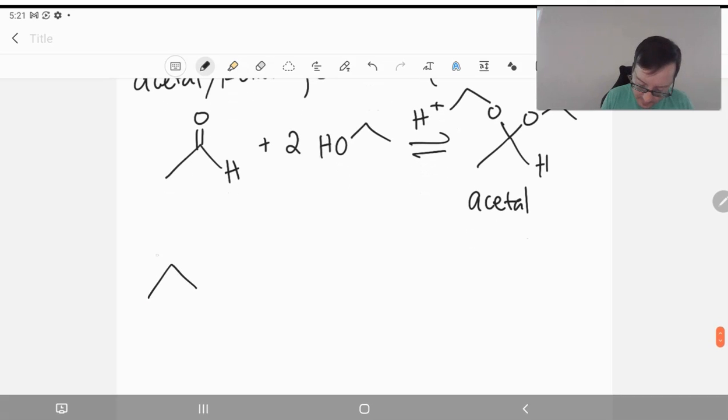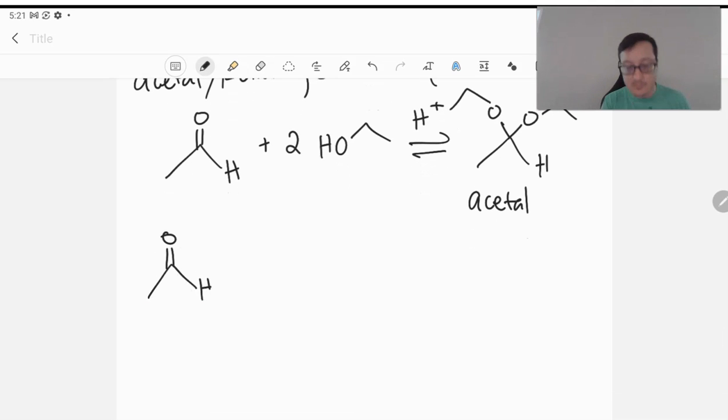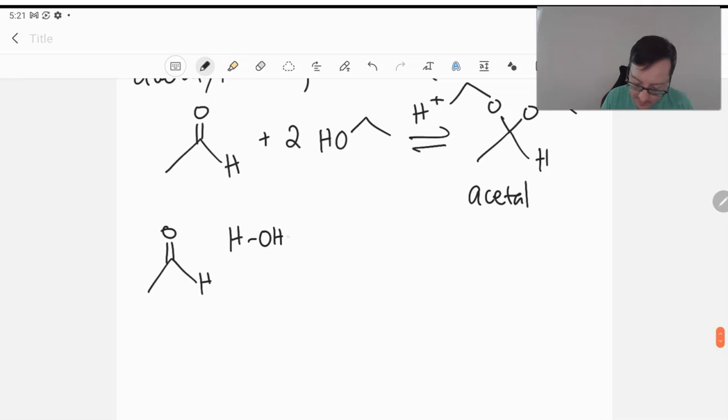Just like before, an acid-catalyzed process means we're going to have our acid here. I'm going to draw it as the protonated ethanol, because that would be a better choice.